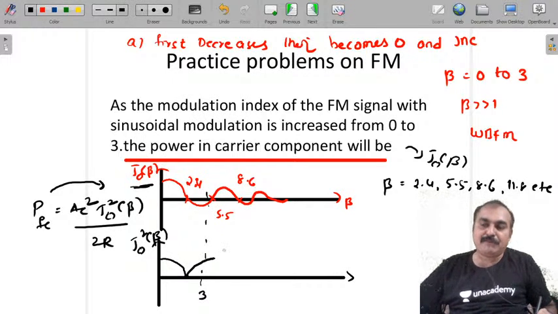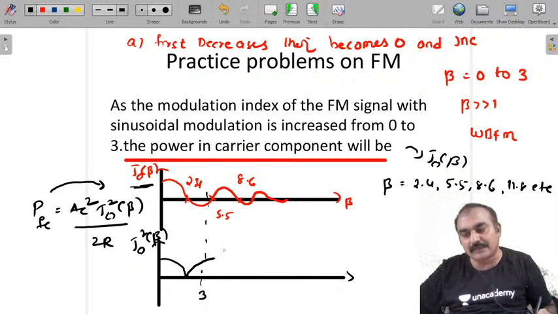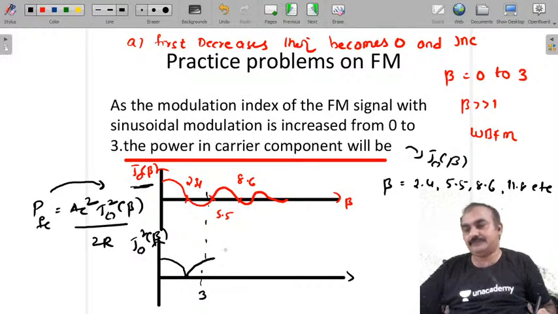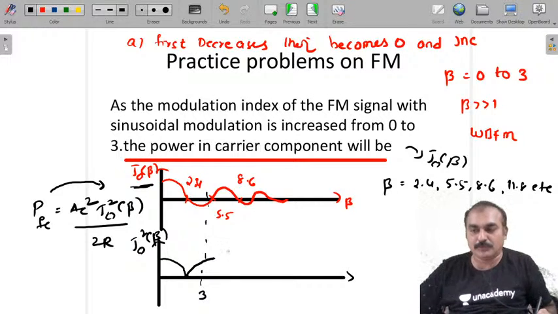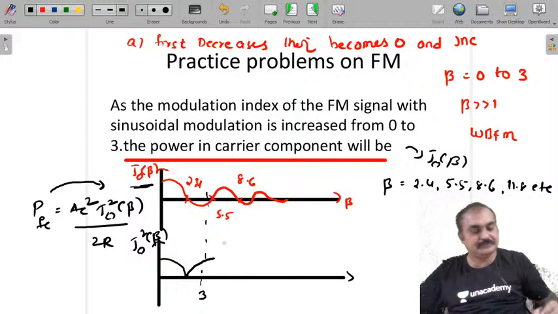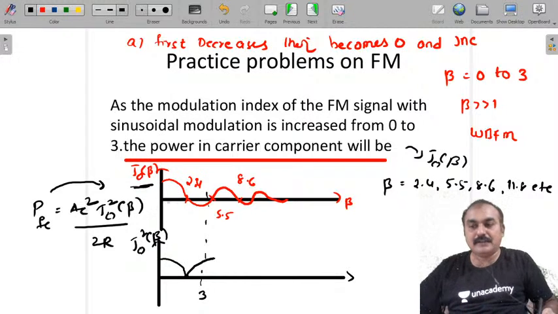But always the amplitude of the carrier component also depends on J naught of beta. Revise all the spectrum things regarding WBFM once again, because we are going to solve the problems now. Is that clear? Next, this particular problem, my dear students.